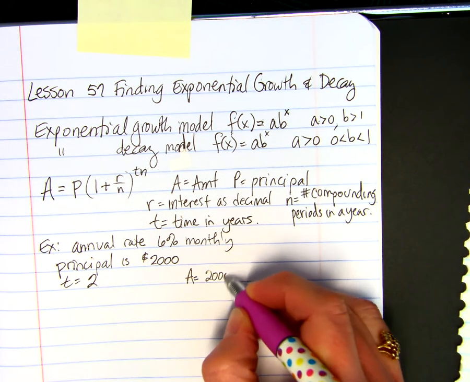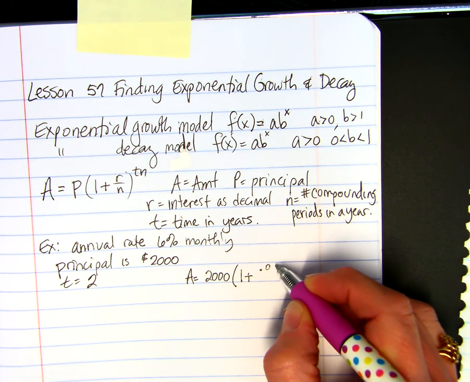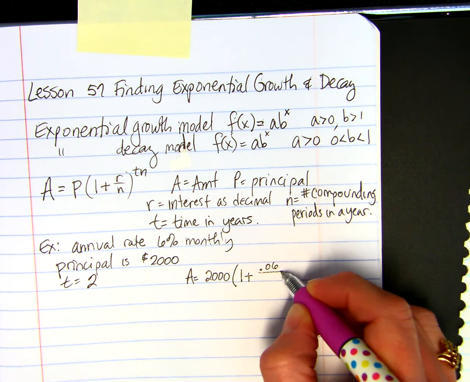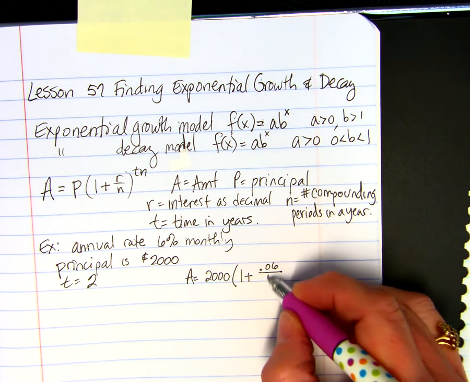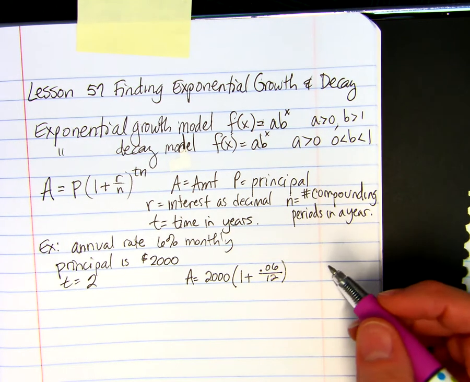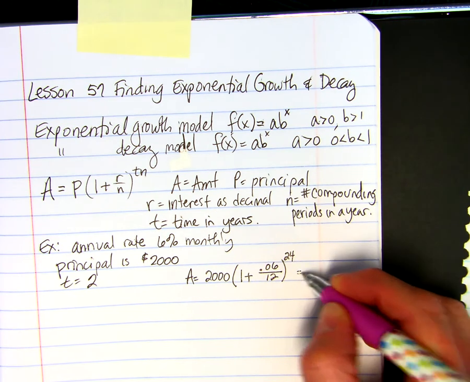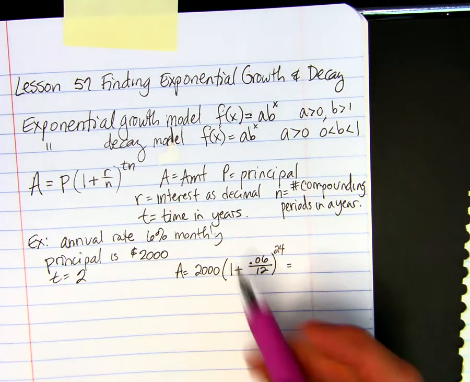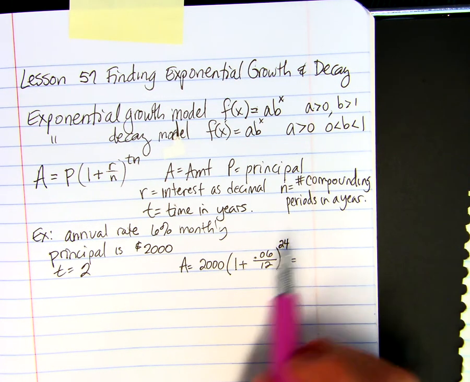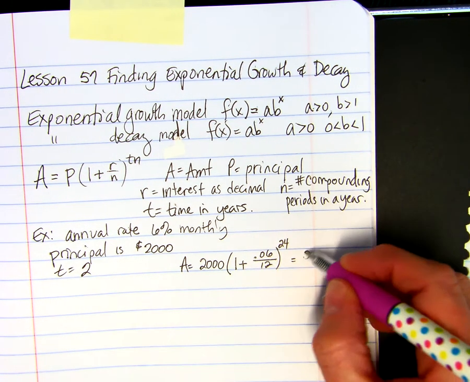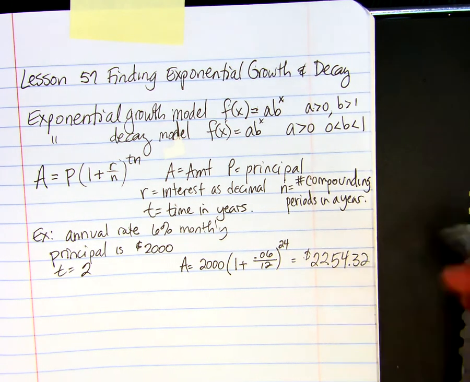A equals 2,000 times (1 plus 0.06 divided by 12), all raised to the 2 times 12, or 24th power. You do parentheses first, then powers, and then multiply by 2,000, and you would get $2,254.32.